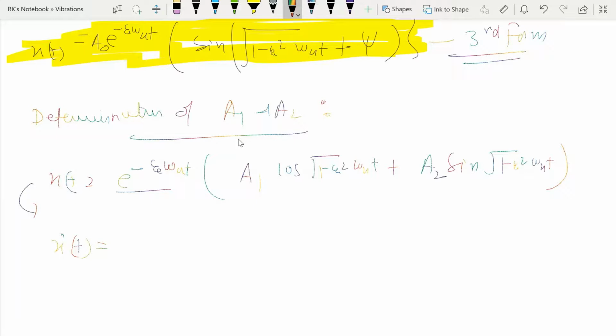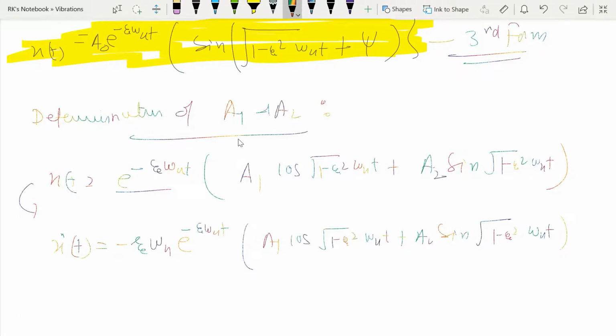This can be written as −ζωn e^(−ζωn t) [A1 cos(√(1−ζ²) ωn t) + A2 sin(√(1−ζ²) ωn t)], plus now we'll differentiate the bracket.